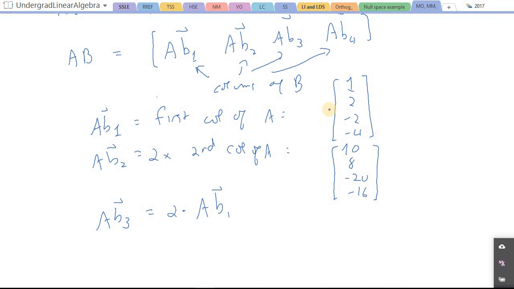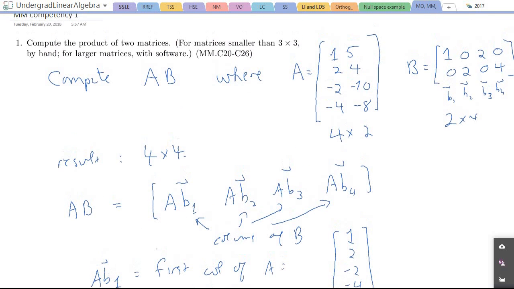And I'm not even going to rewrite that at this point. I'll rewrite that in my final answer. That's a 2, not an alpha. Okay. Now what about AB4? AB4, well look, here I have 0, 4, which is 2 times B2. So AB4 is going to be 2 times AB2.